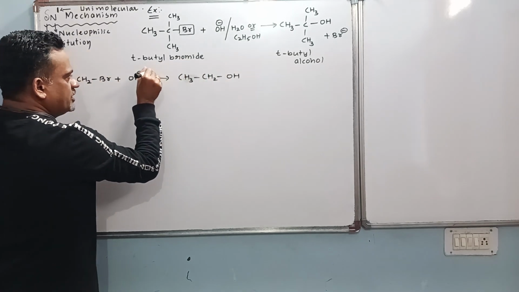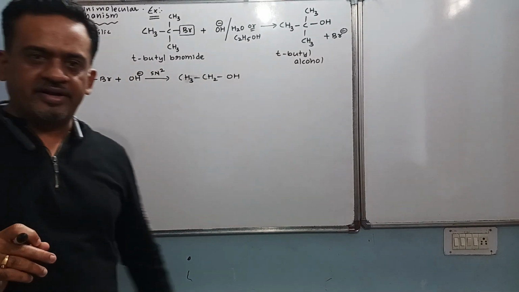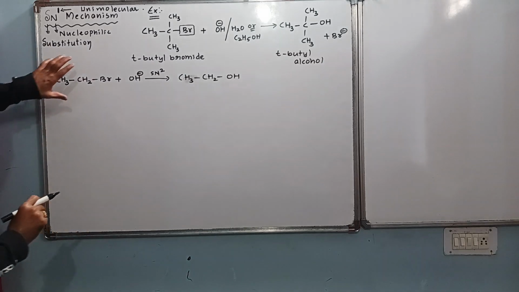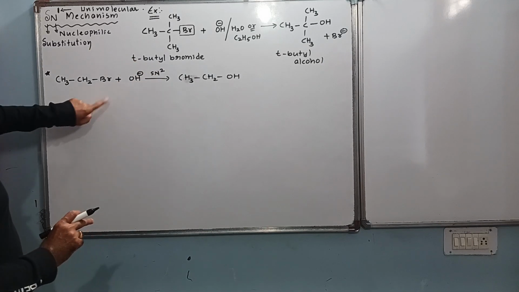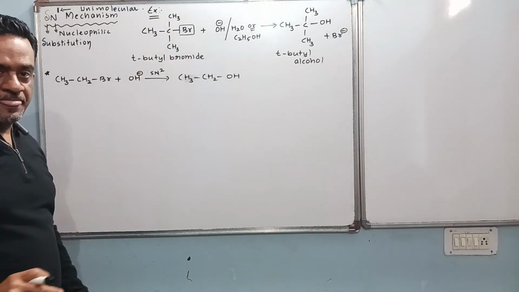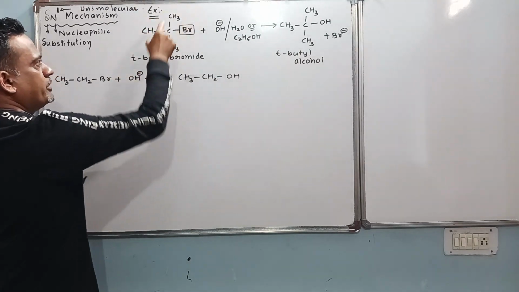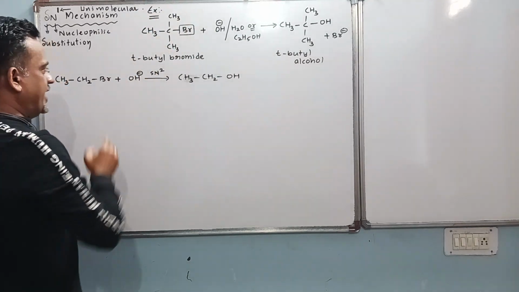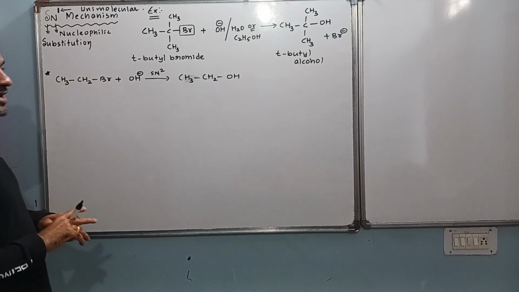So this is the example which we took for which mechanism? Sn2 mechanism, right? And there we said that due to less steric hindrance, this is favorable by the Sn2 mechanism. Considering steric hindrance, there is a large amount of steric hindrance here. So you can say that this reaction will be extremely slow because there is large steric hindrance, and this reaction will be fast because there is less steric hindrance here, right?